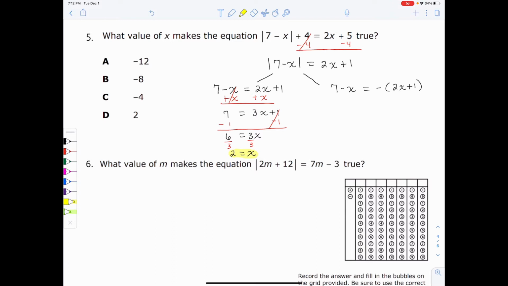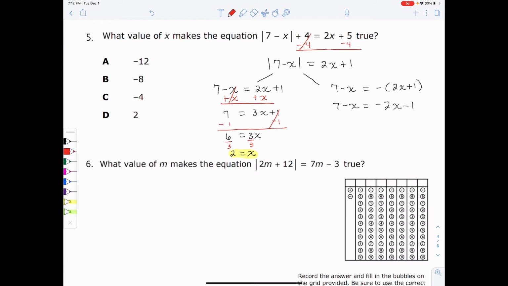So notice that that answer is here, but I don't want to get too ahead of myself. So I want to make sure I solve the other one. 7 minus x equals, that would be negative 2x minus 1. And here, let's see.